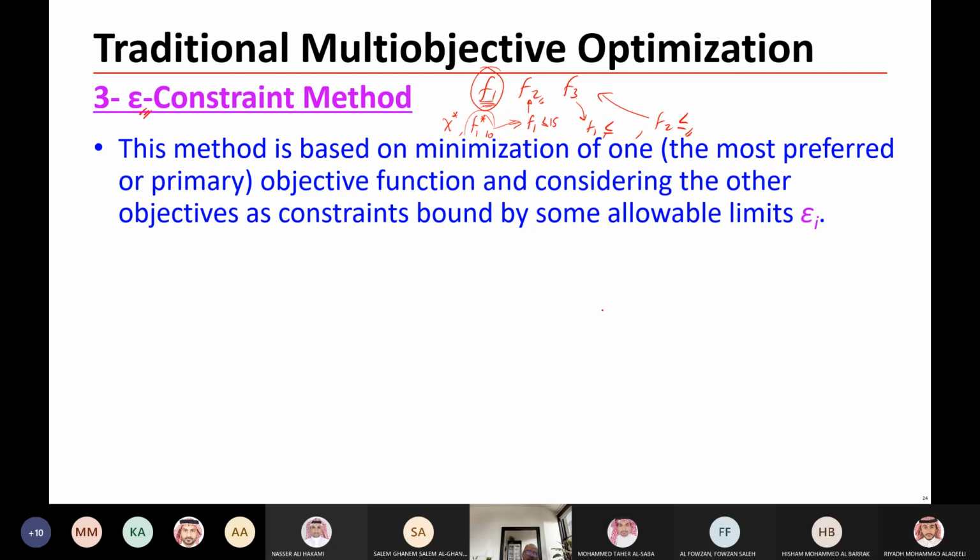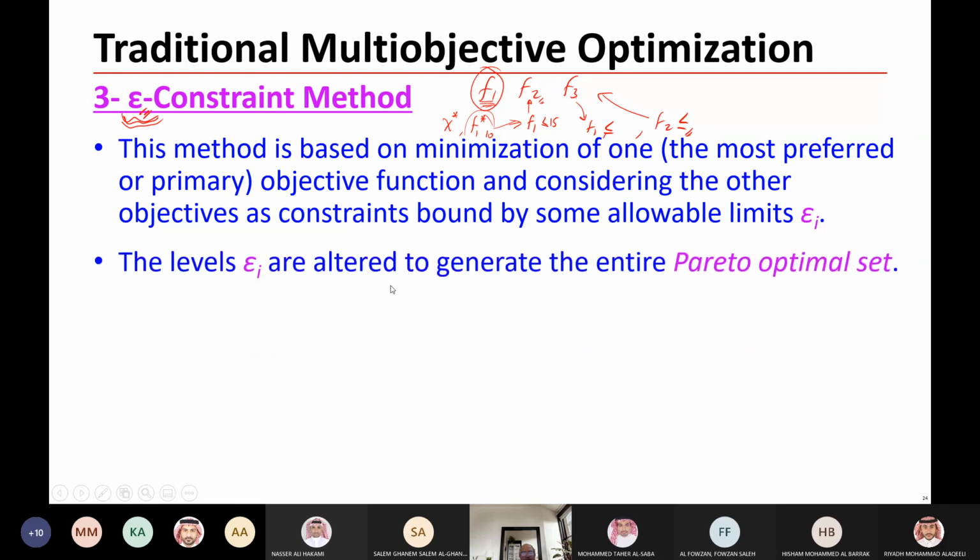So this method takes one objective at a time, and the other objectives are added as constraints with some relaxation, which is epsilon. So this method is based on minimization of the most preferred or primary objective, and considering the other objectives as constraints bound by some allowable limits, which is epsilon.